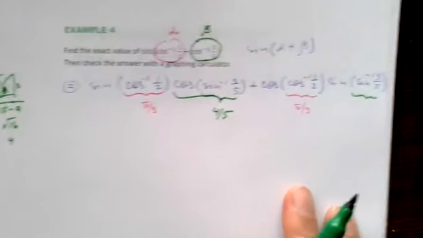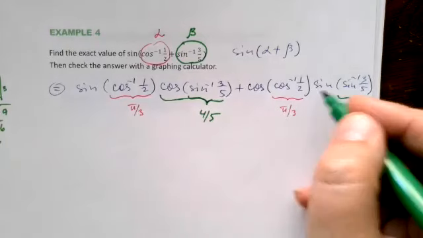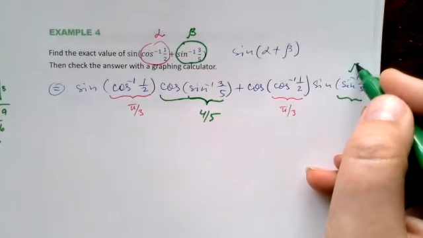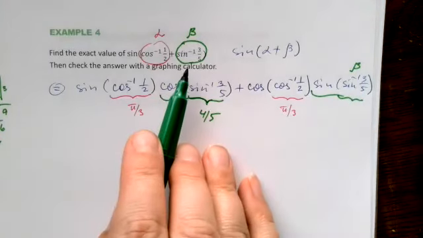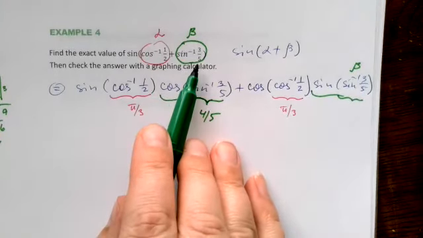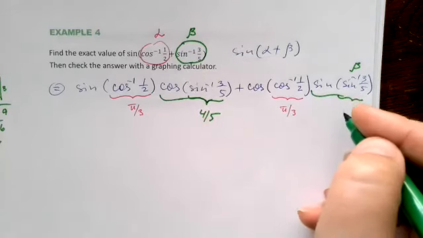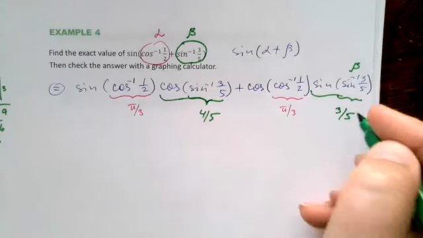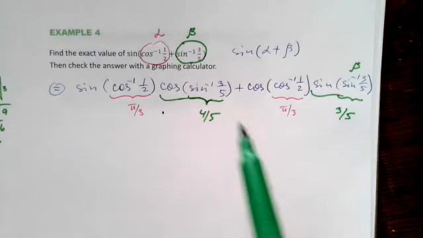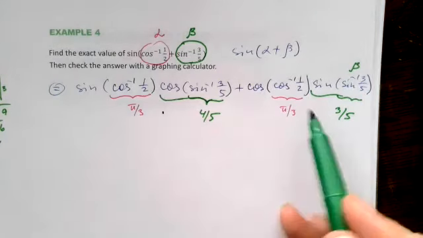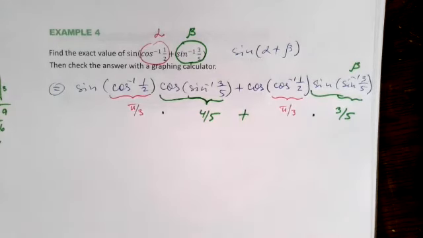And here we have the sine of that angle beta, which we know is 3/5. So we're going to plug in 3/5. That's it. We have multiplication going on here, multiplication, and the plus here.